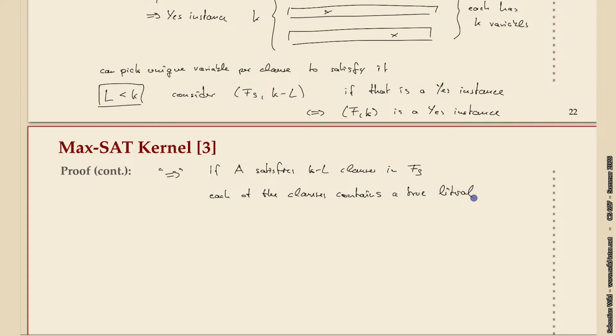Otherwise, it wouldn't be satisfied. Now, the point is we don't have to satisfy more than one literal. So we could pick one true literal from each of these short clauses. And so that fixes at most k minus L different variables, because there's only k minus L clauses. So we pick k minus L literals that have to be true.